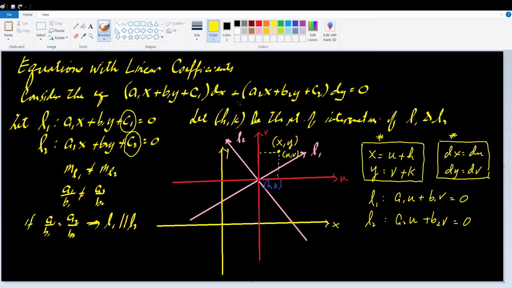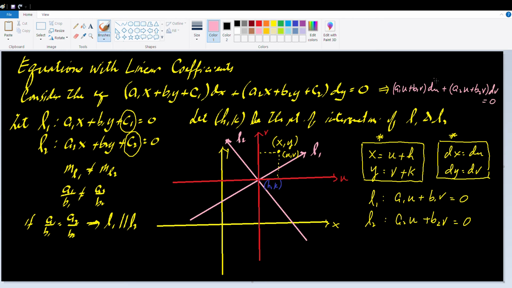And our equation will now transform into (a1u + b1v) du + (a2u + b2v) dv = 0.